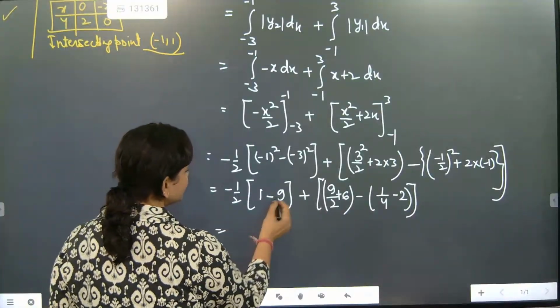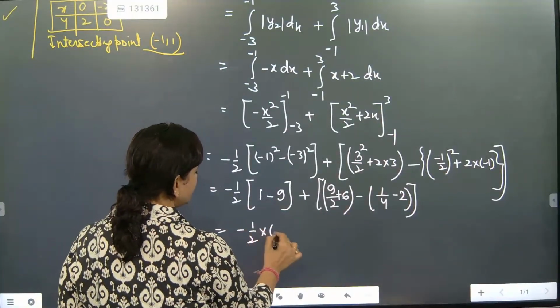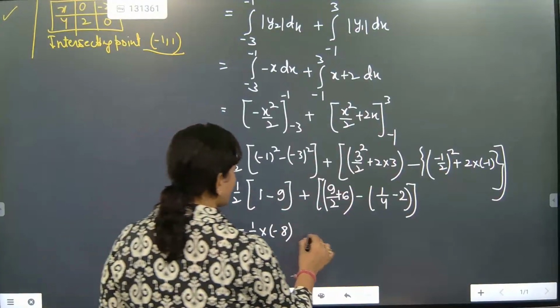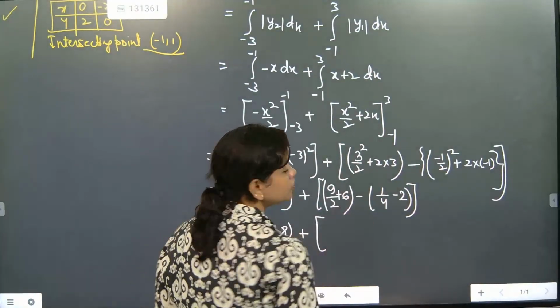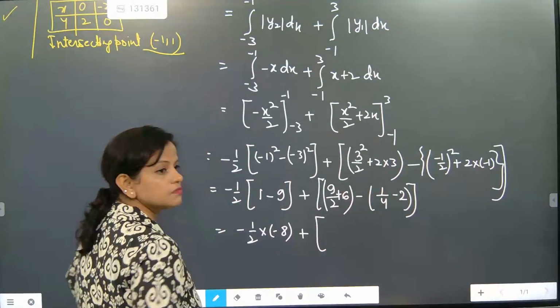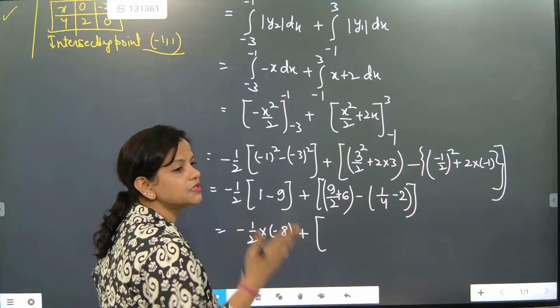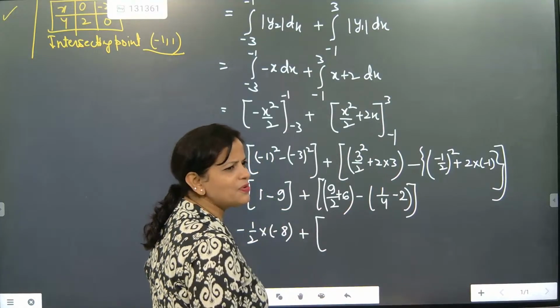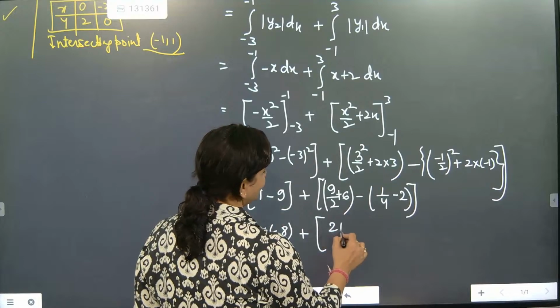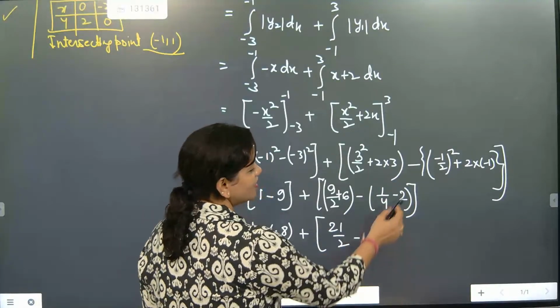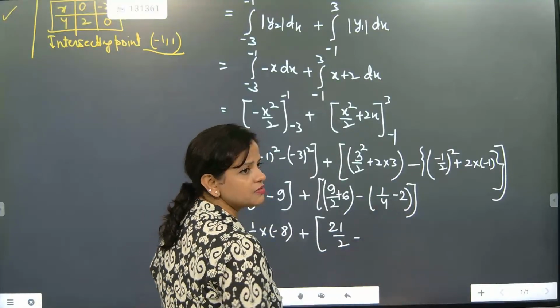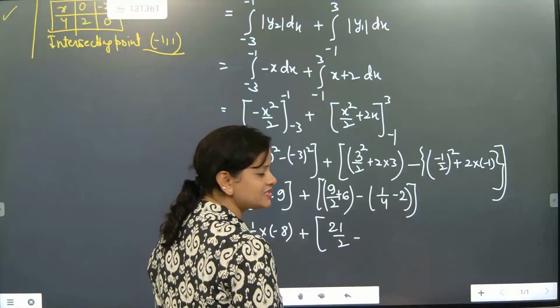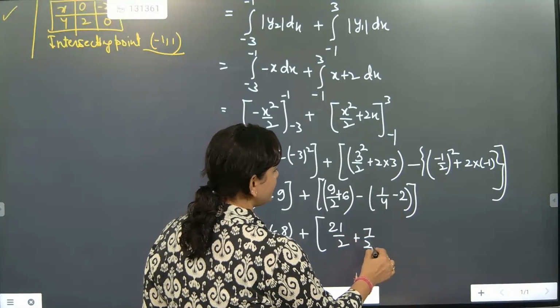So here it is coming as minus 8. So minus 1 by 2 into minus 8, plus 2 sixes are 12, 12 plus 9 is 21 by 2, minus. Here it is minus 8 plus 1, minus 7, it will become plus 7 by 4.